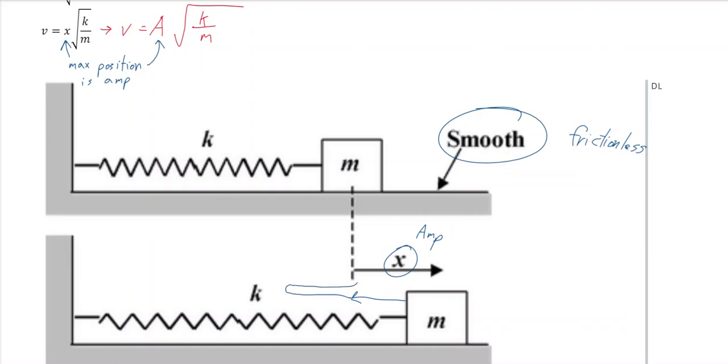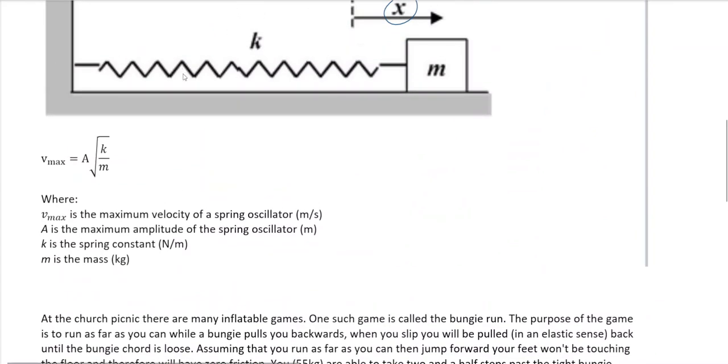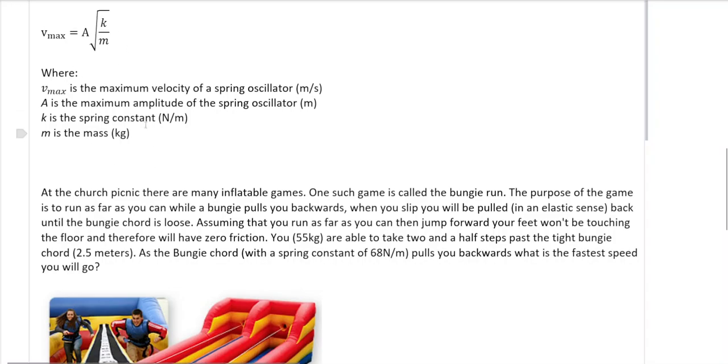Then it goes back and forth and back and forth, right? So it'll look something like that. This is the formula from the formula sheet. Let's try it out on a couple different questions. So that's the formula, and these are the different explanations of the formula: v max, A, k, and m.